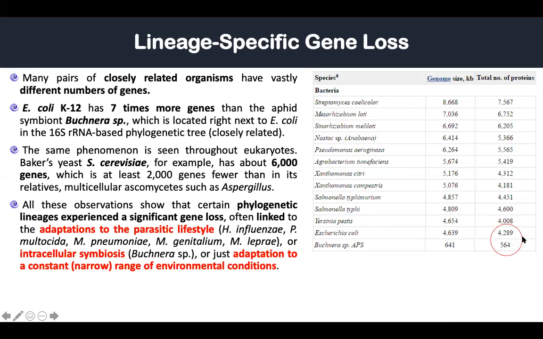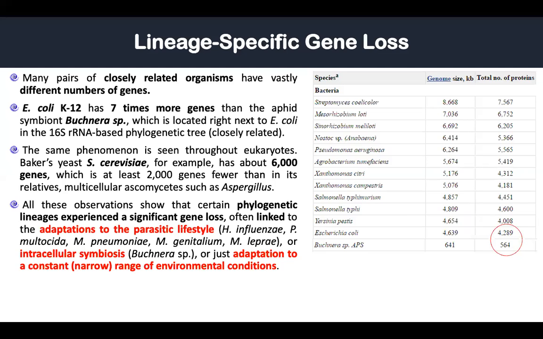And if you look at the number of proteins that they code for, Buchnera only codes for 500 plus proteins, but E. coli codes for about 4,000 plus proteins. So you can see that there is a vast difference in the number of genes present in them. The same phenomenon is also seen throughout eukaryotes.